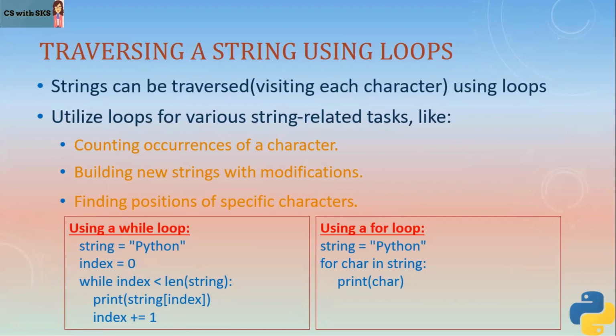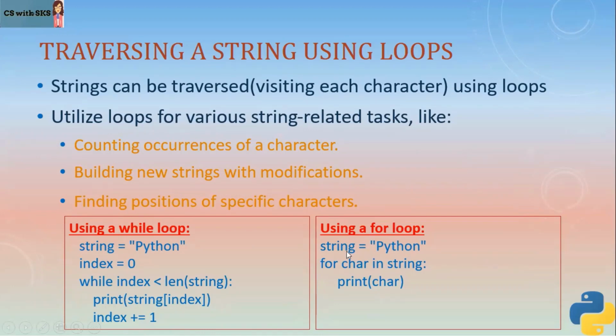So length of the string can be found using the len function. So while index is less than length of string, you print string[index]. So it will give you the individual character which is present on that index. And then you can just change the index value. Index is a variable that we are using as a counter in the while loop.